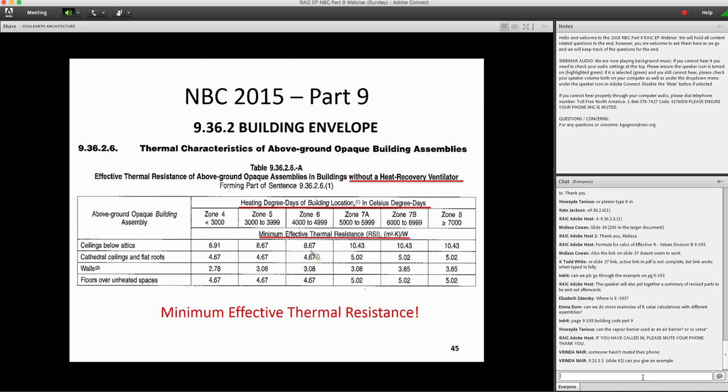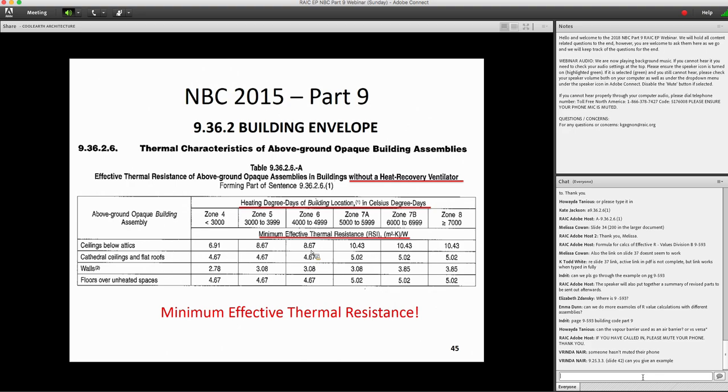So how do we read this table? We have different zones depending on the house or the building that you are designing. You have to choose or get the zone. This is something I also missed putting in. You can get the zone through, let me see, the Appendix C of Division B, where you have climatic and seismic information.